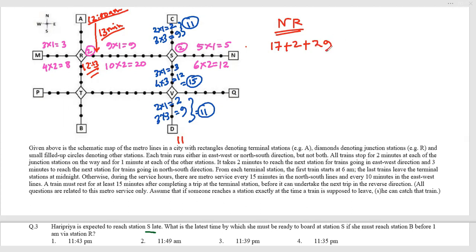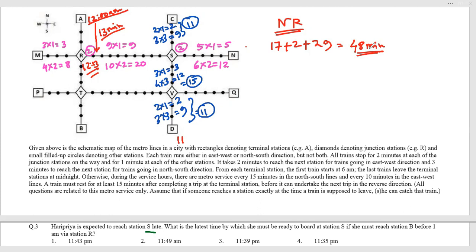So that much is the minimum time before 12:13. And it is how much? 19 plus 29 means 48 minutes. So 48 minutes is required for a person to move from N to R.